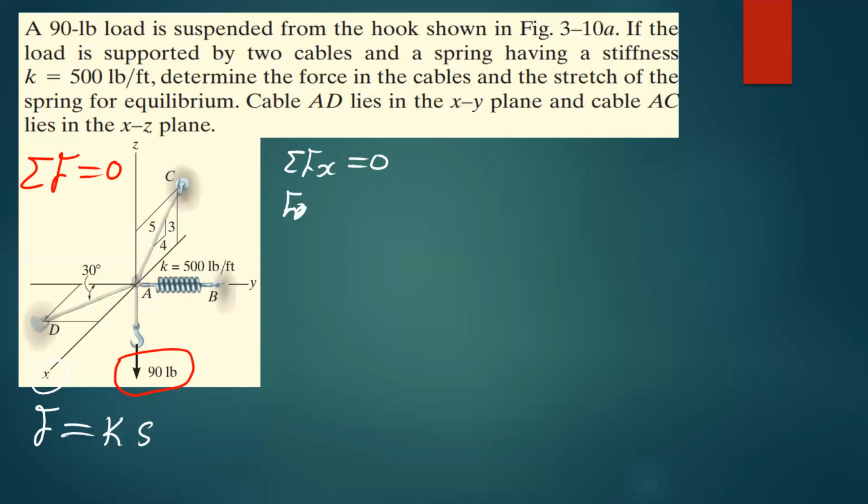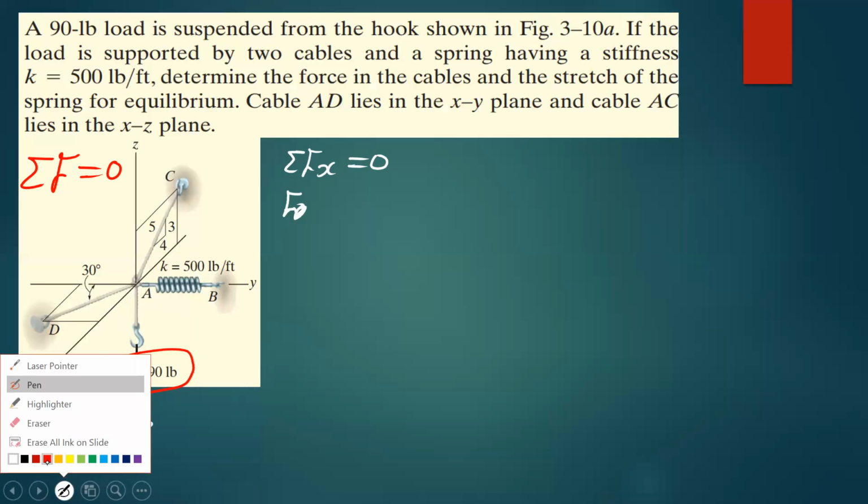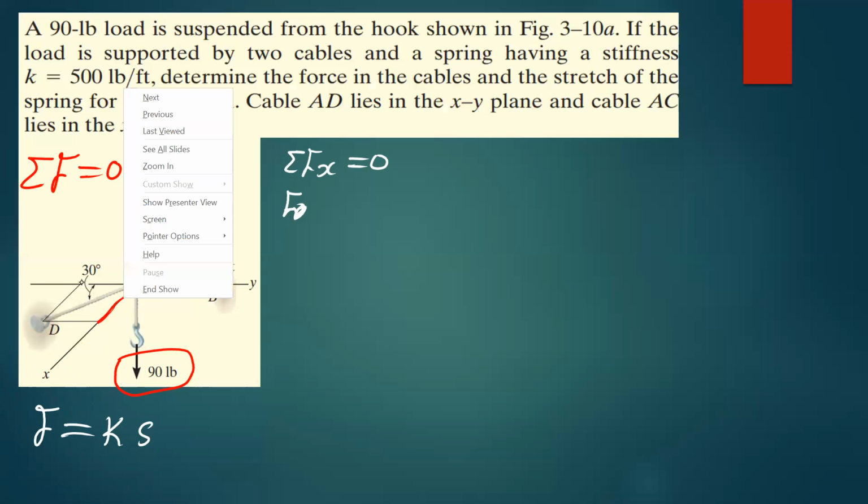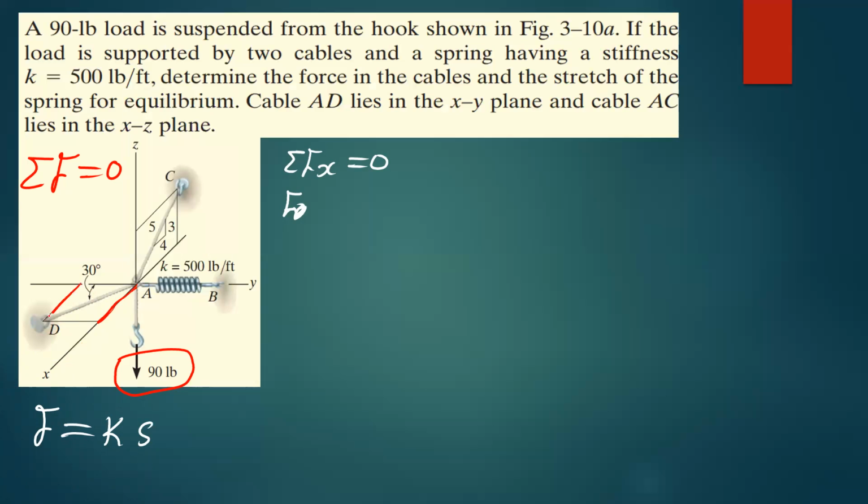Let me change the color so that you see what I'm writing. The force in the x for the rope D is simply this component on this side. This component is parallel to this one, so I'm going to use this one because this is where the angle has been given.